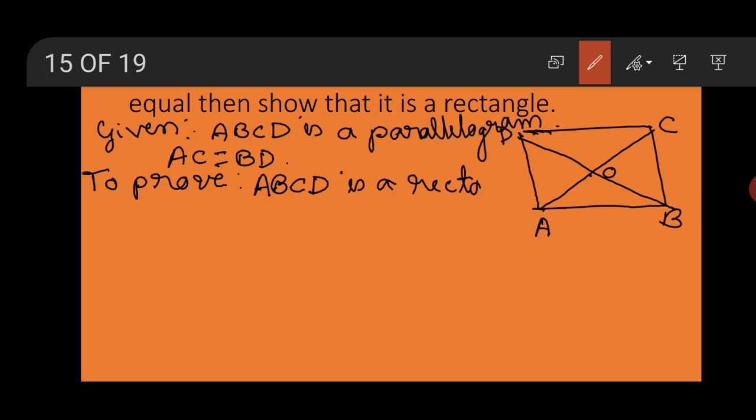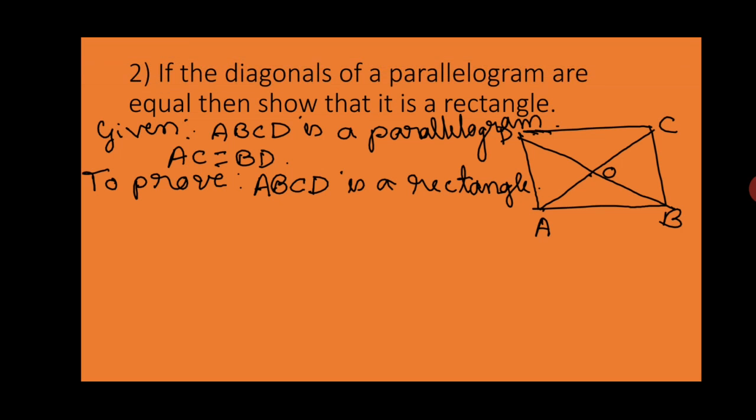How can we prove? We have to say that angle A and angle B are 90 degrees. Angle A is equal to 90 degrees and angle B is equal to 90 degrees. Then we can easily say, if angle A is equal to 90 degrees, then angle C is also 90 degrees because opposite angles are equal in a parallelogram.